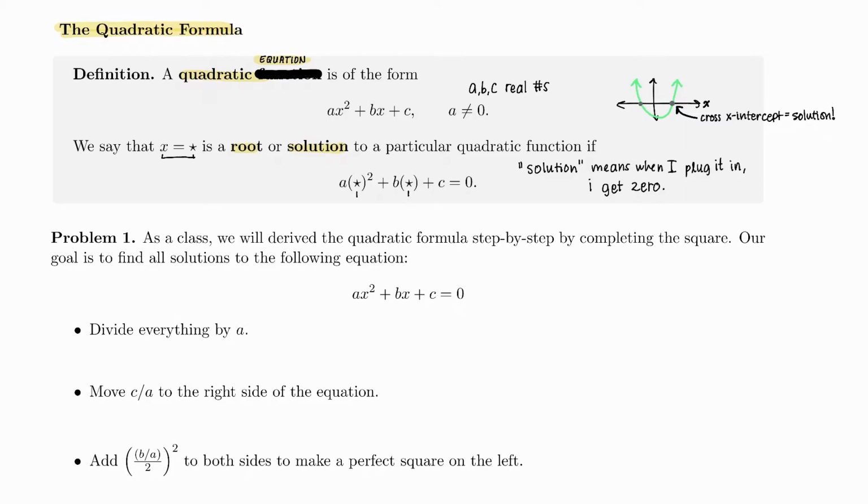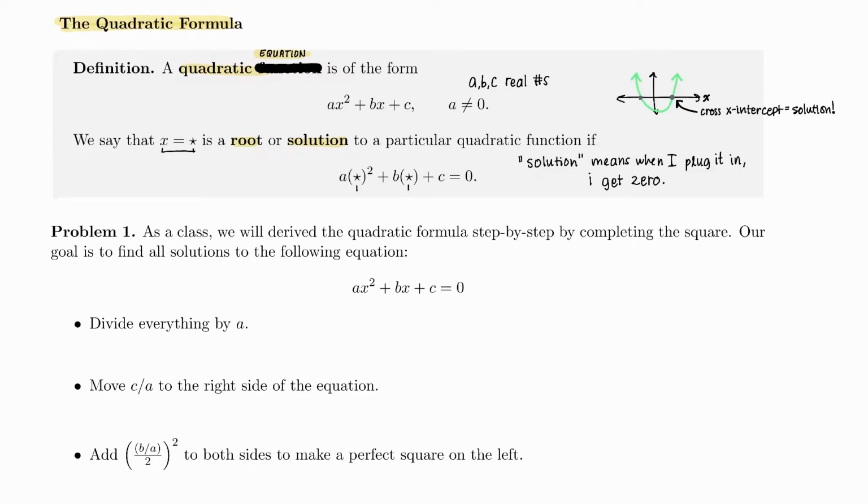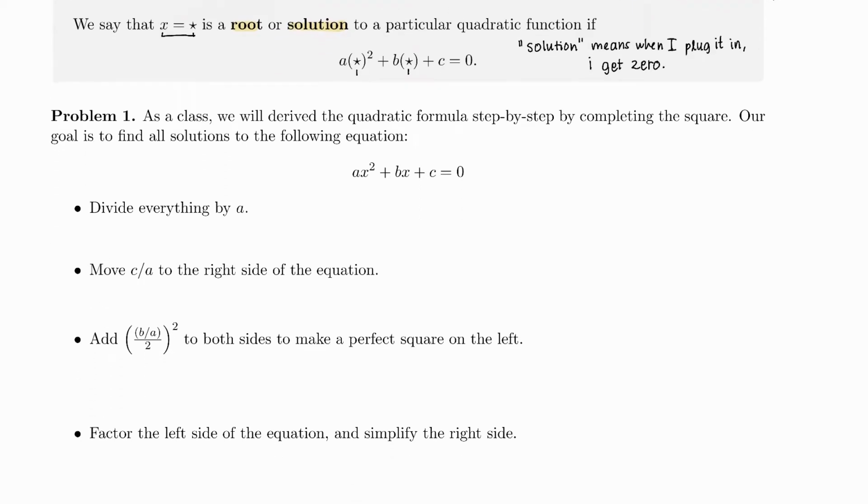Way at the beginning of this class, we were completing the square. So we've already been solving quadratic equations, but now we're going to do it the way you'll probably do it for the rest of your life, which is by the quadratic formula.